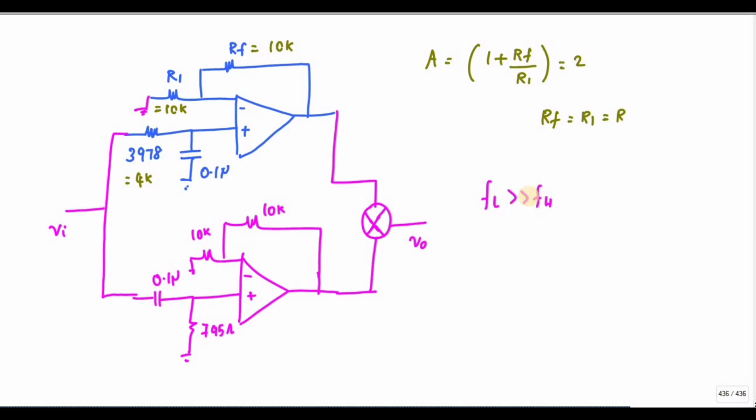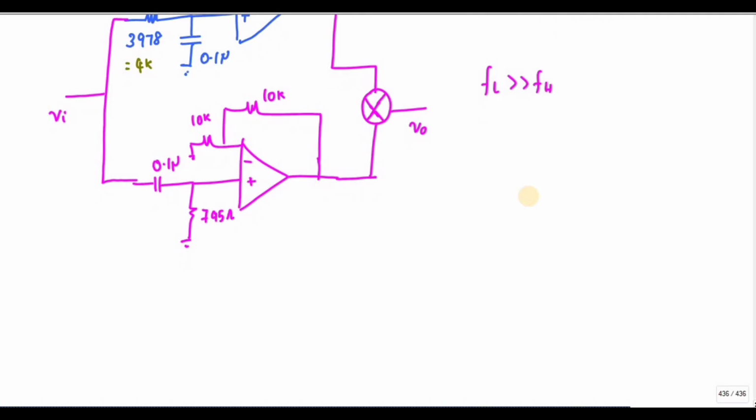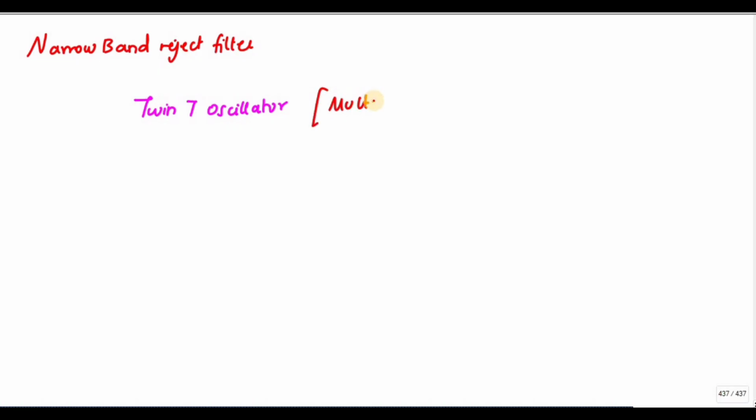Next is the narrow band reject filter. It can be designed with the help of a twin-T oscillator. I worked this out using Multisim, so you can refer to that video.